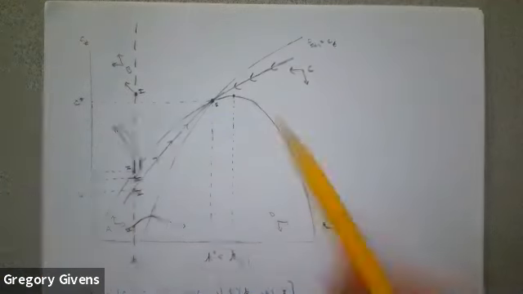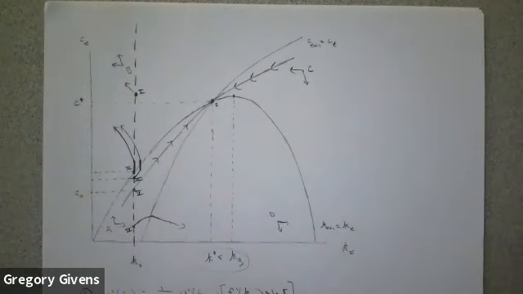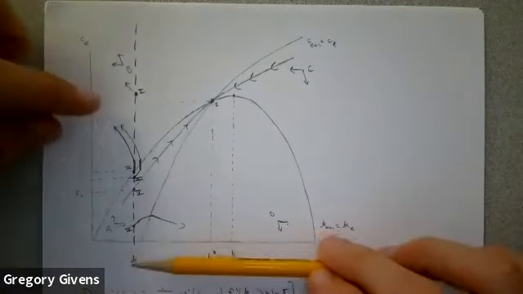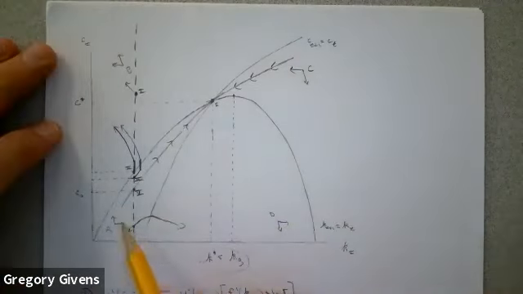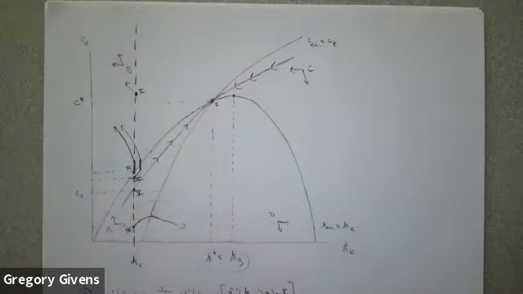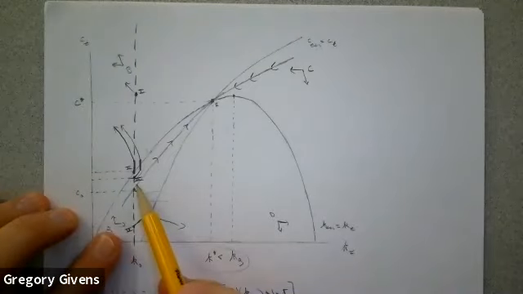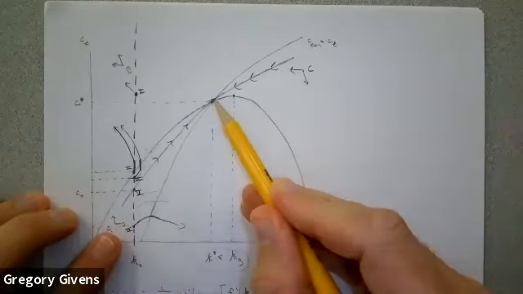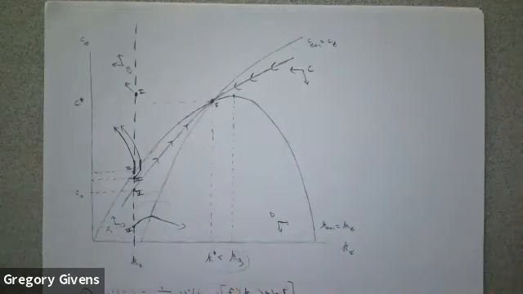It's because these loci are continuous functions of the capital stock and consumption that eventually at some point you're going to have only one trajectory that gets to a single point before it spills into one of these other regions.